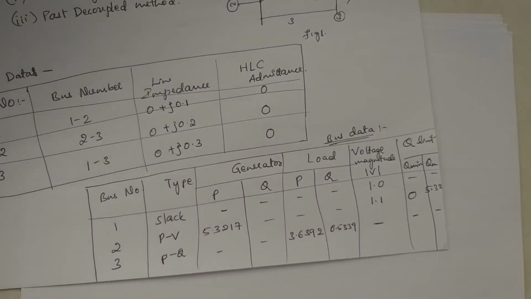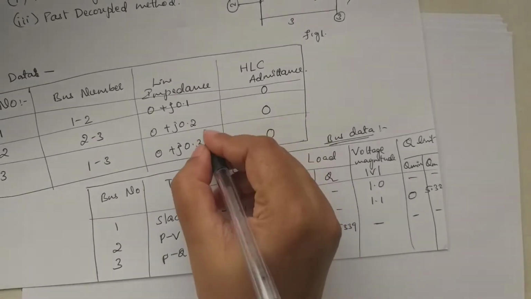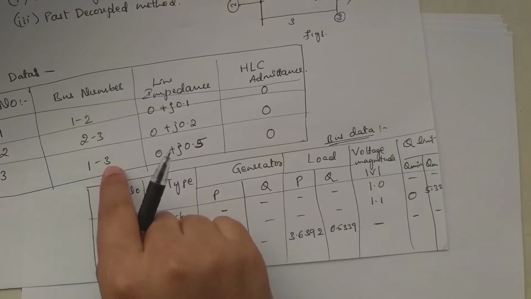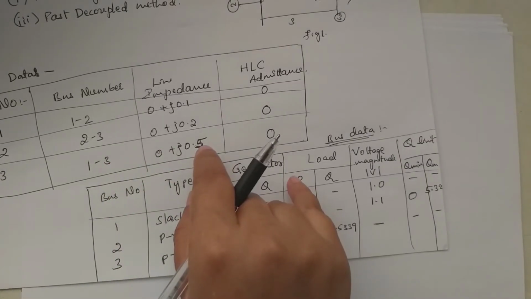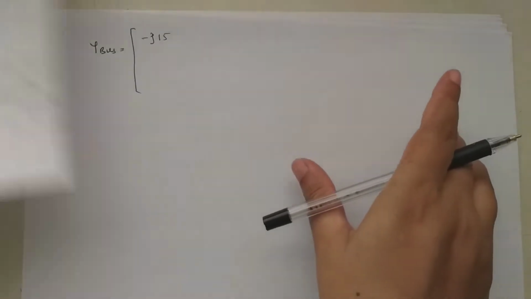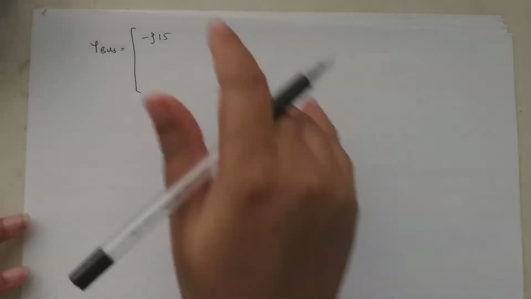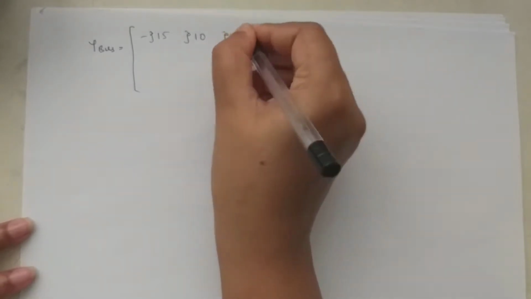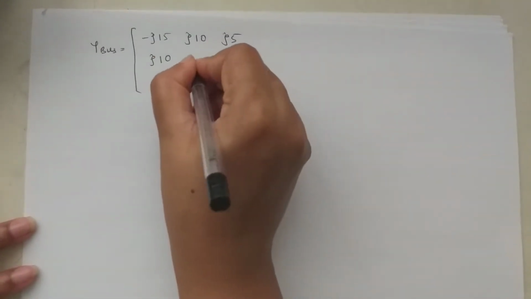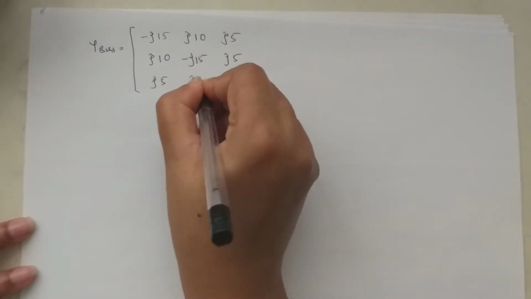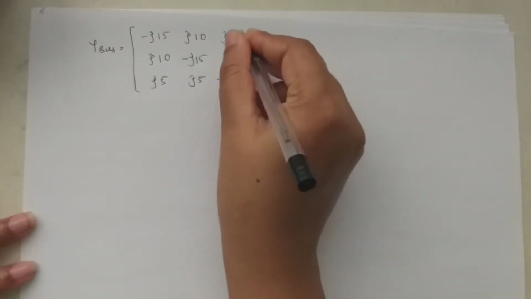So let it be j0.5, minus j5. So the Y bus using the rule of inspection method is: minus j15, j10, j5; j10, minus j15, j5; j5, j5, and minus j10.